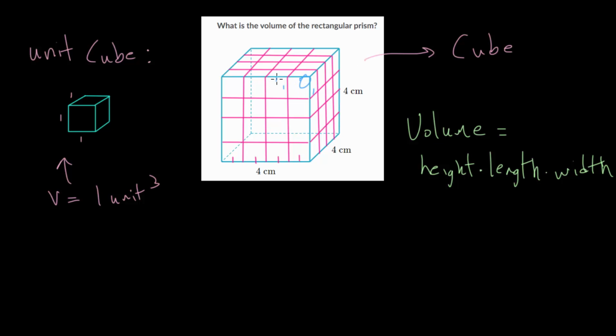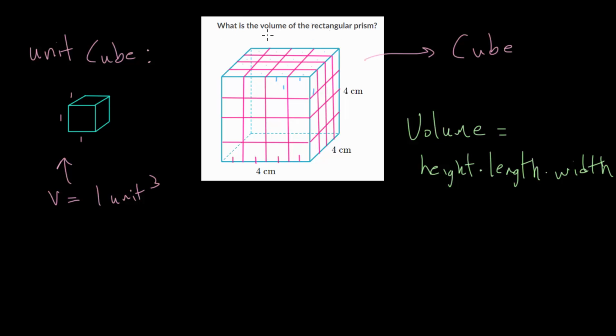So notice we have 1, 2, 3, 4 in this top front row. And we also have 4 rows of that. So now we're really just concerned with this top piece here of unit cubes. We have 4 in the front and we have 4 rows of that. So you can count that there are 16 if you actually count them out. That's 8, 9, 10, 11, 12, 13, 14, 15, 16.